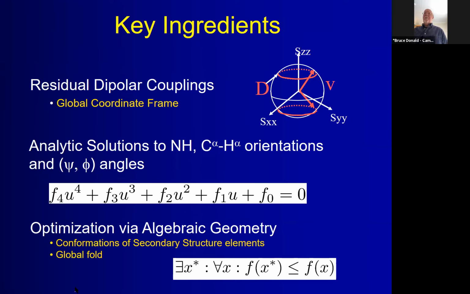Here, u is equal to the tangent of a half angle. And then we can also use some tricks from a branch of mathematics called algebraic geometry, now very popular in computer science. It's very difficult if I say, using traditional algebra, I want the minimum of some function. But if your function is algebraic, you can cast it like this. This is a strange way of casting a minimum. I can say there exists an x star such that for all x, f of x star is less than f of x.